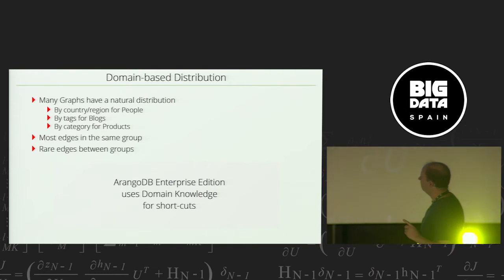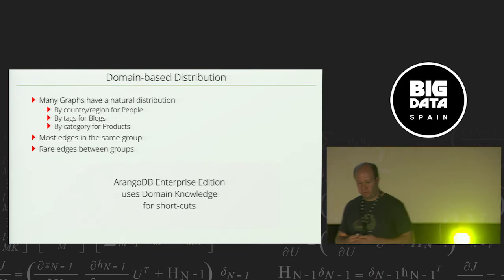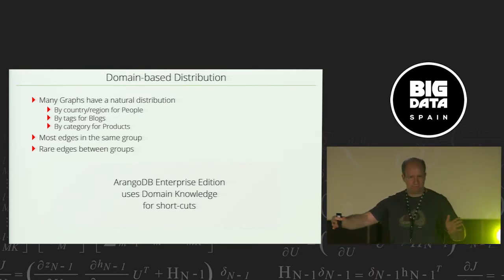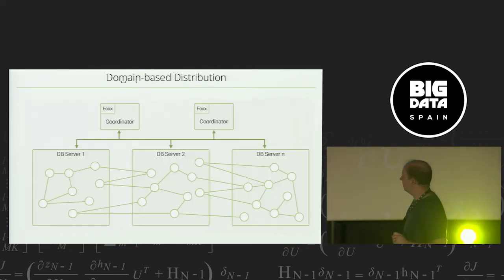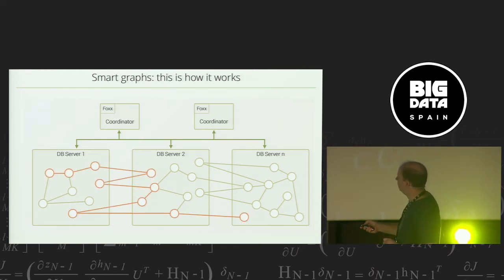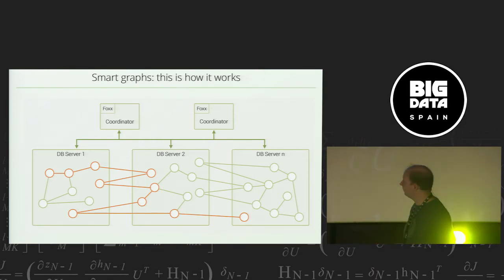So therefore, what we have implemented in the enterprise edition of ArangoDB for the scalable graph cluster is that you can use domain-specific knowledge to inform the sharding to make it work better. And what happens then is, if you don't look for this, and you are looking for some path, say here, the red one, then this graph traversal will go all over the place, back and forth, very slow, very much network traffic.